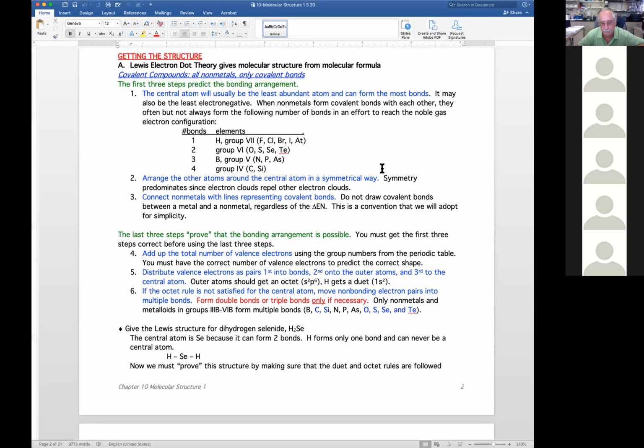Here would be another way with a different shape, that gets those 3 electron pairs as far apart from one another as possible. If you did something like this, would that make sense to you? No. Hopefully not.